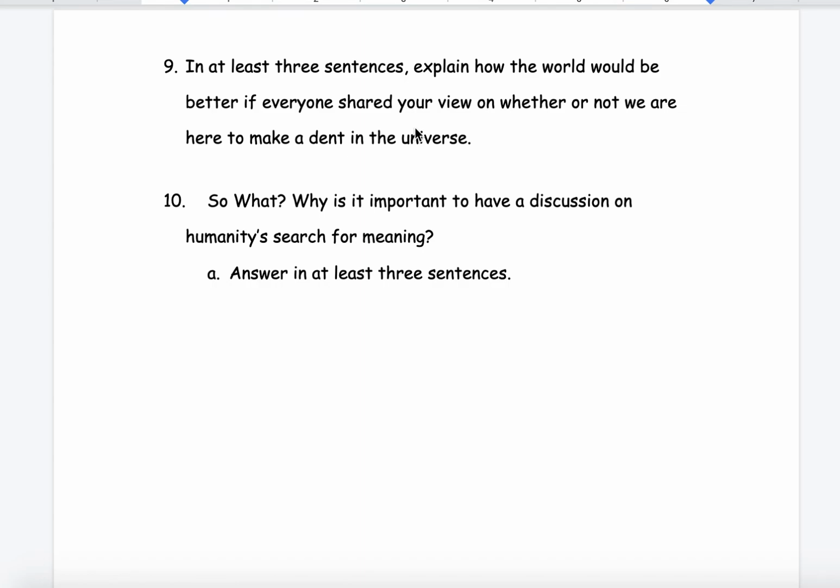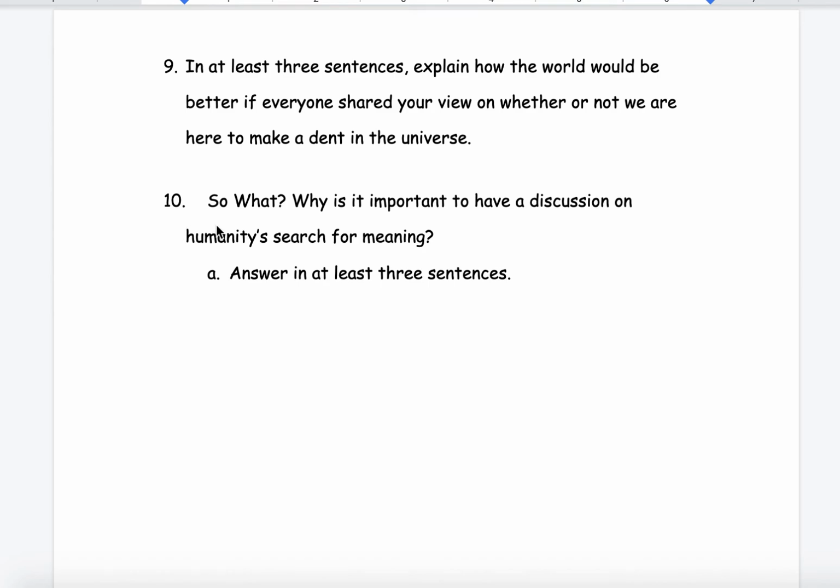Maybe like, we do not have a purpose, y'all. We are born and then we live and we die. That's it. There's no purpose. You don't have to make a dent in the universe. Mind your business and die. So, how would the world be better if everyone believed what you believe? We don't have a purpose. How would the world be better?